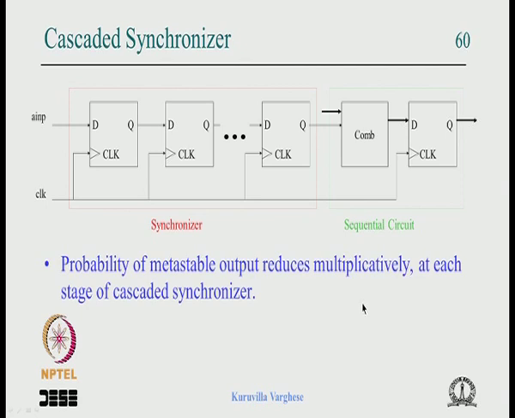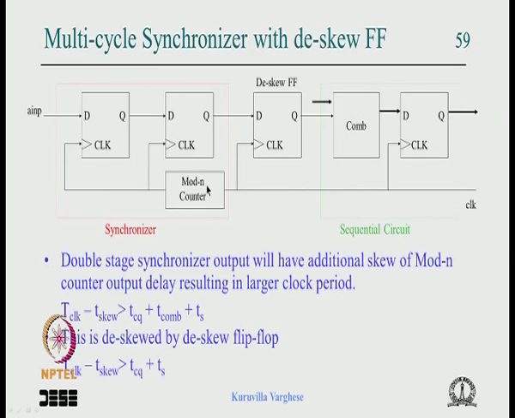So some people do this instead, and it doesn't matter, to be very frank. If you assume 4 flip flops, you have a latency of 4 here. If you go back to this and put a divide by 4 counter, mod 4 counter, and then use 2 flip flops, the latency is 2n T clock, which is nothing but the 4 clock cycles of this.